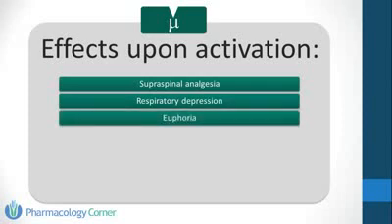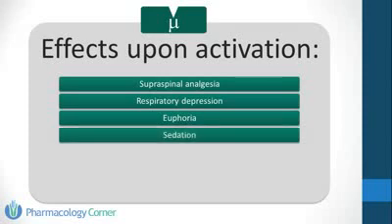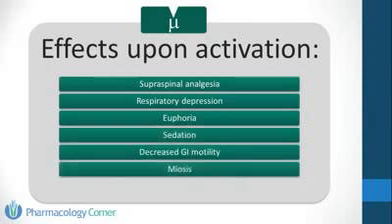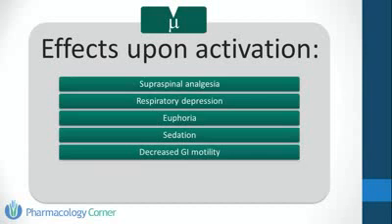Euphoria is a profound sense of well-being. Sedation, decreased GI motility. This can lead to constipation, and constipation is one of the most troubling side effects in patients under opioid therapy.